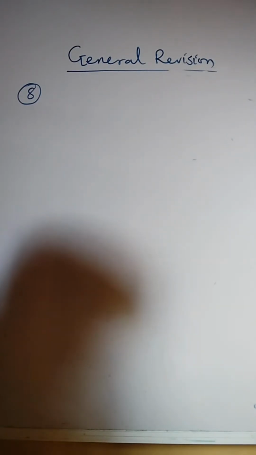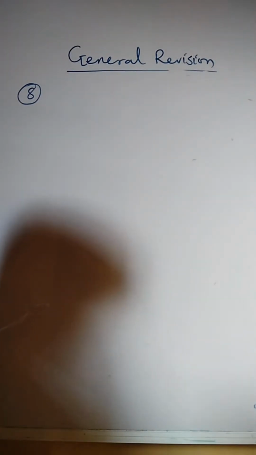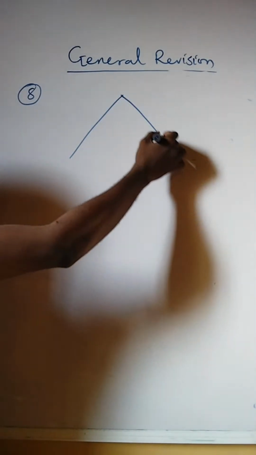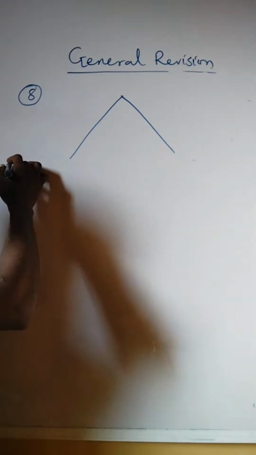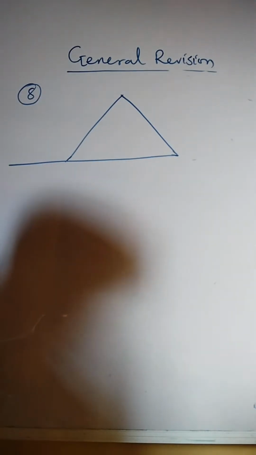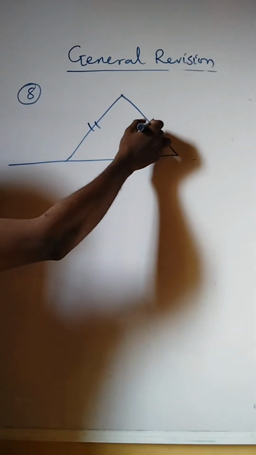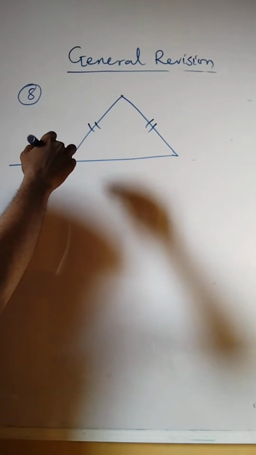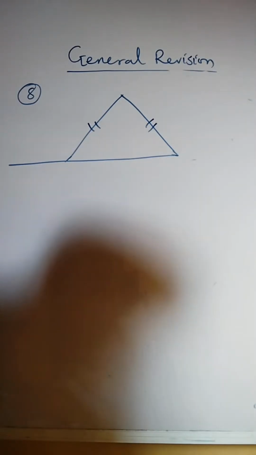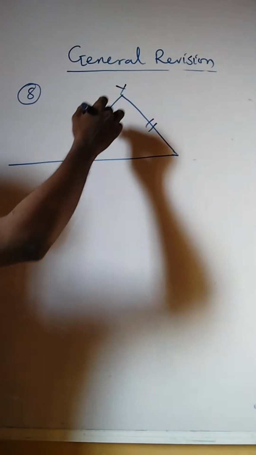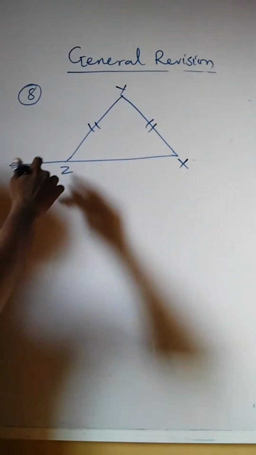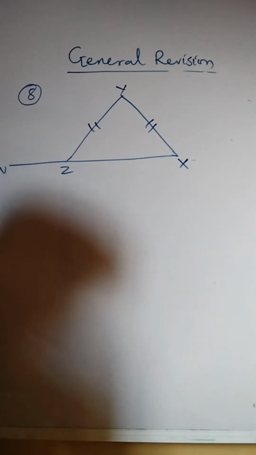We have this shape, which is a triangle, and one of the sides of this triangle is extended this way. These two sides are equal. We call this capital letter Y. This is Z. This is X. X, Y, Z, and this is W.